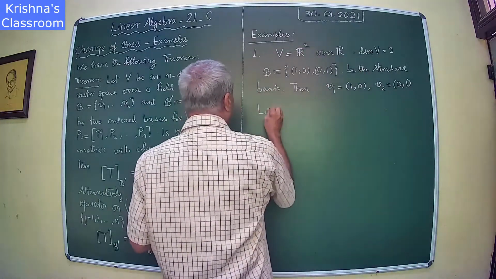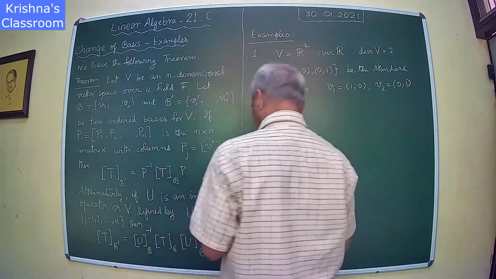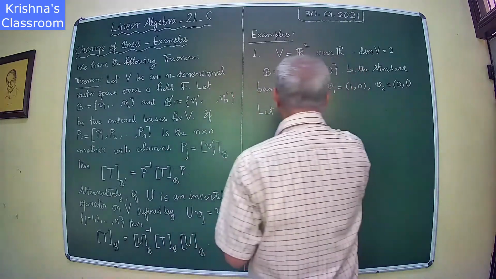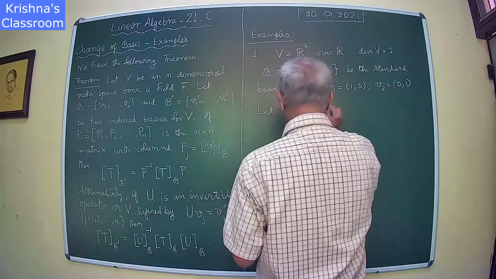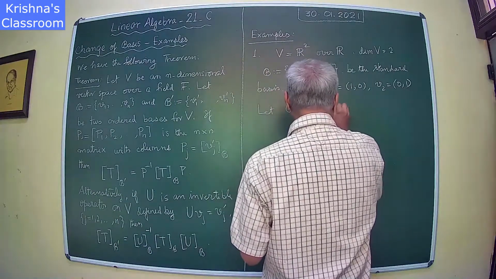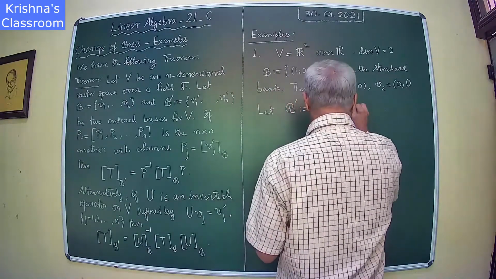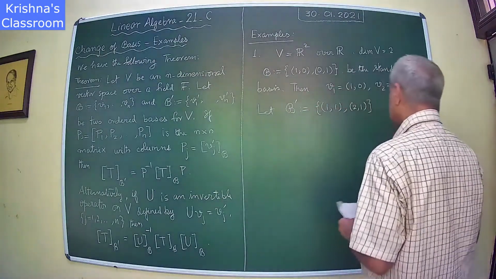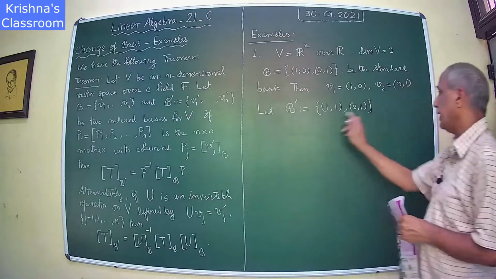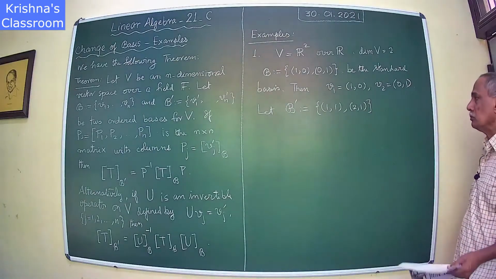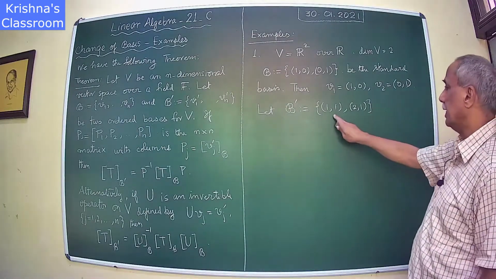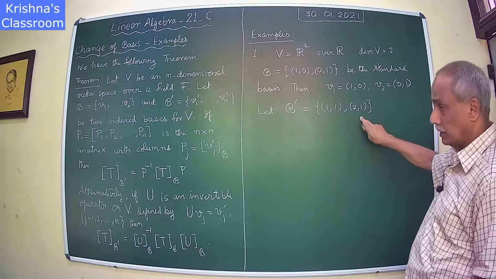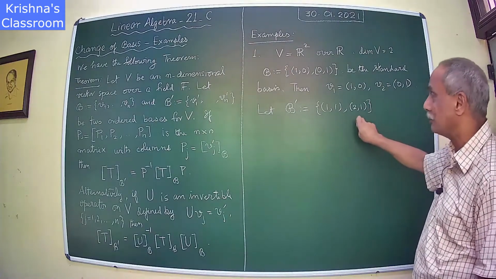Let B prime be defined by 1, 1, and 2, 1. This is again an ordered basis. You can check easily that these two vectors are linearly independent. Therefore, it spans the whole space also.